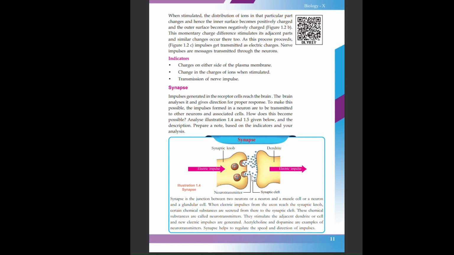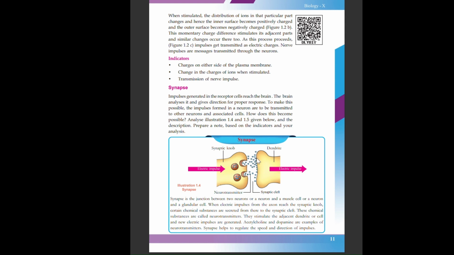In the previous class I told you, when the impulses get transmitted, at the end of the synaptic knob there are some chemicals. It can be anything. Those chemicals in general are called neurotransmitters. In short, they get released into the synaptic cleft and attach to the dendrites.